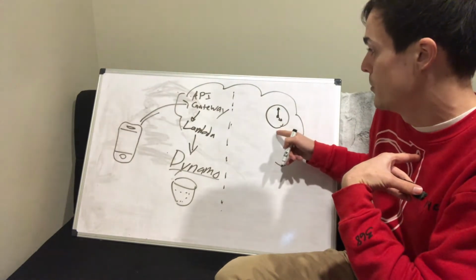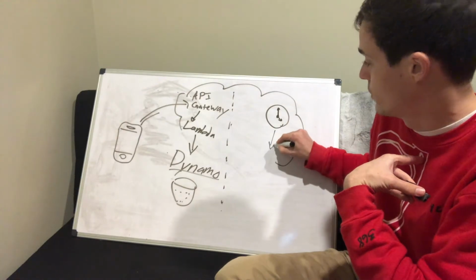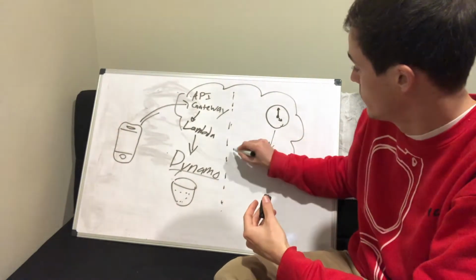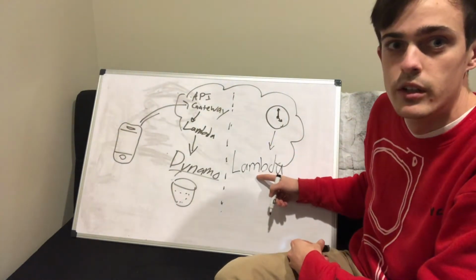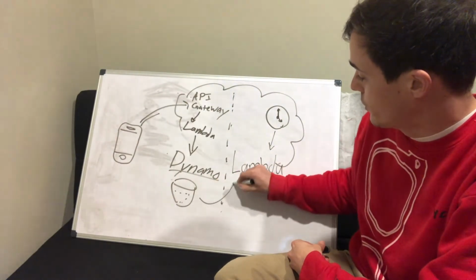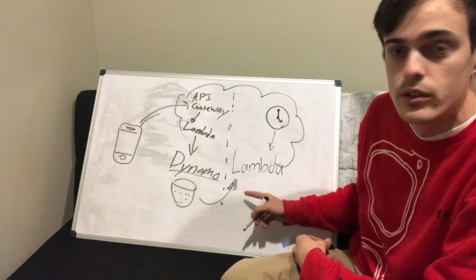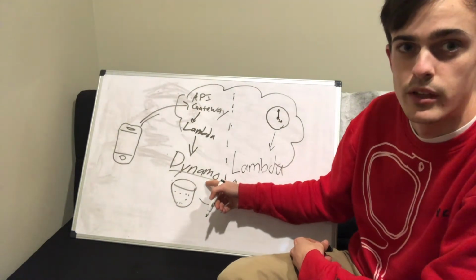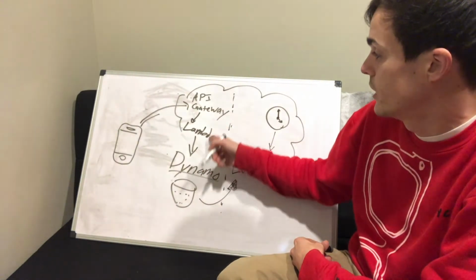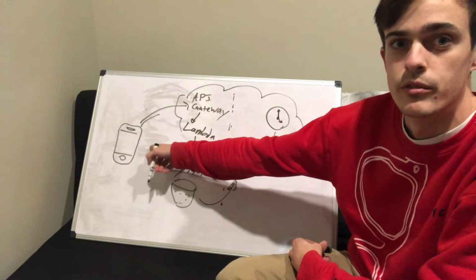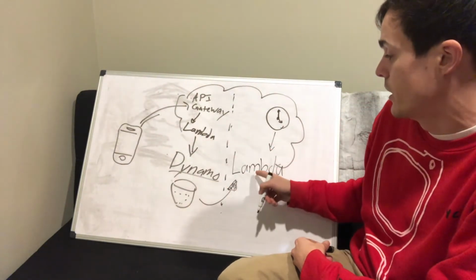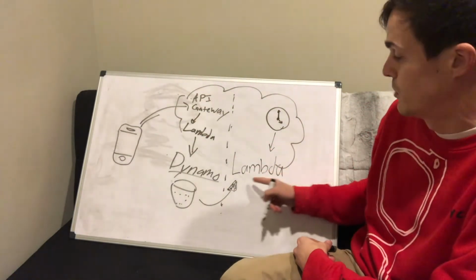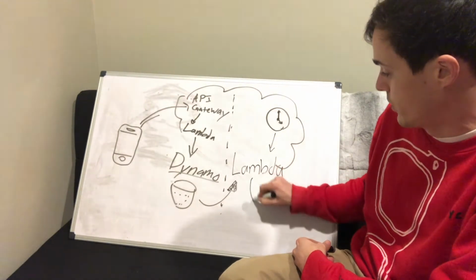I have this job, and it triggers a Lambda, and the Lambda reads this data. So the Dynamo table, our database, that got the data from our phone is now being read once a day by this Lambda.